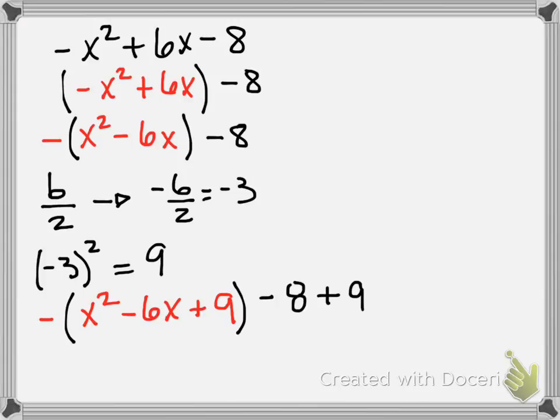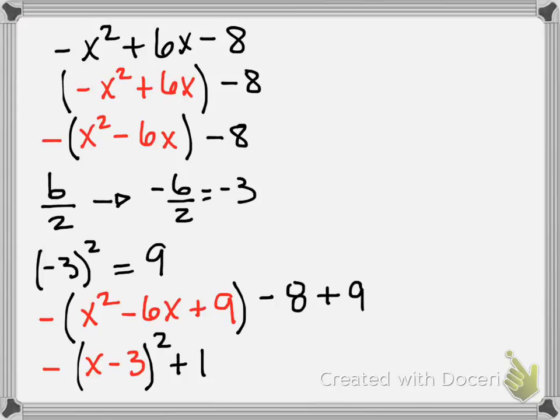now make sure you understand, I can actually factor what's inside the parentheses. And again, I will get a perfect square. What's inside the parentheses becomes x minus 3 quantity squared. And the outside, combine them, because they both are constants, becomes +1.